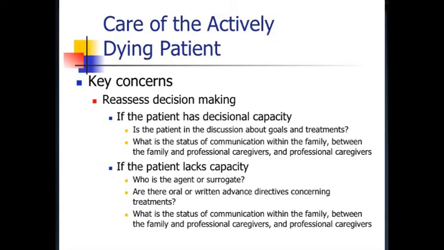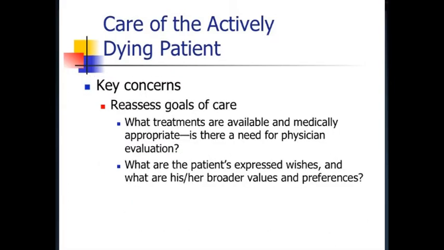So these are the kinds of things, once you recognize the patient's in active dying, the context of those decisions, who makes them, are they adequately informed, are they consistent with what the patient wanted, all of these things suddenly have great prominence. Another key concern for the patient is what the goals are, what treatments are available and medically appropriate.